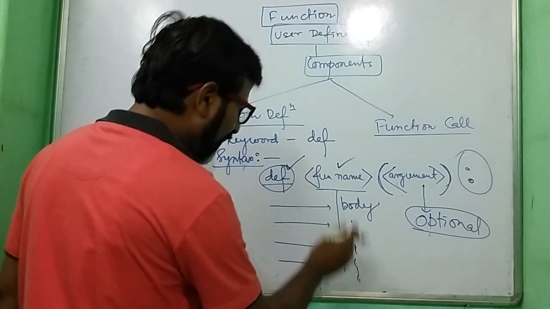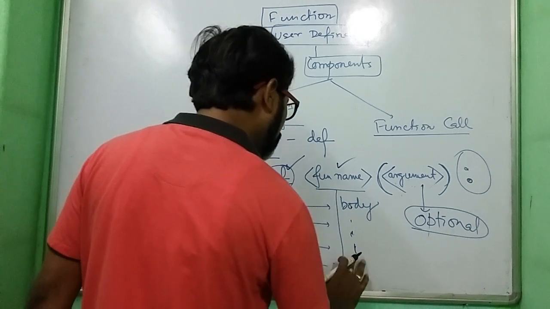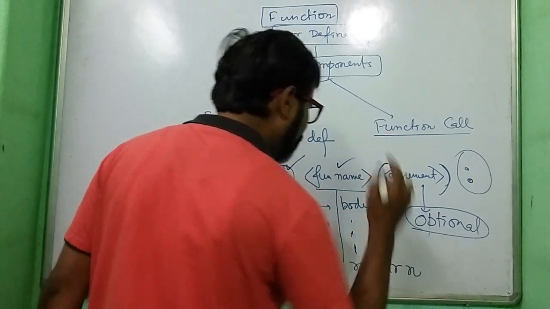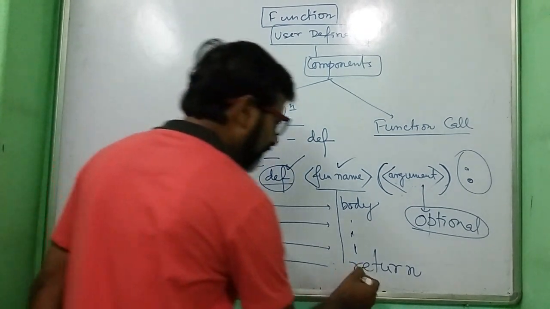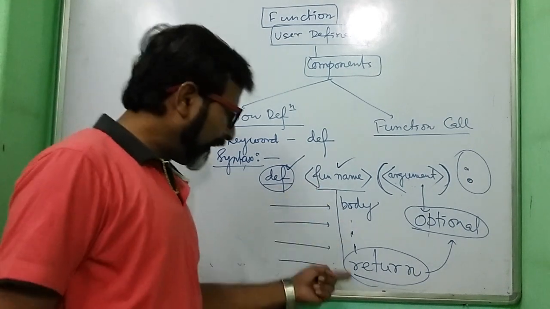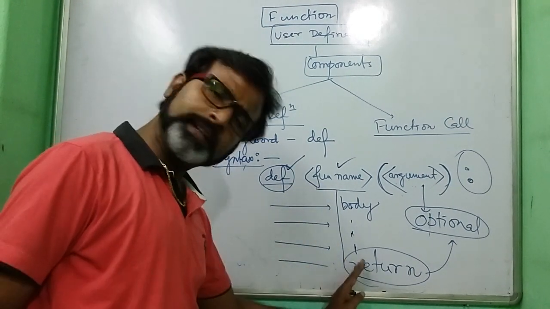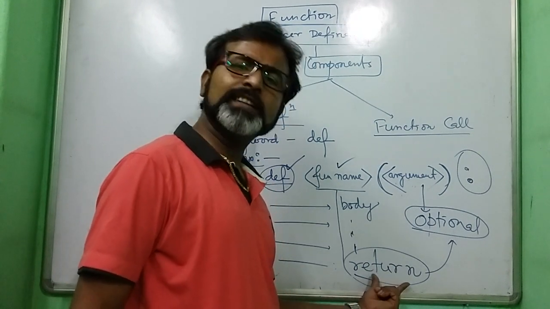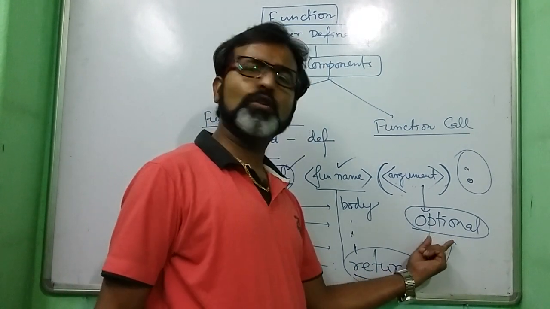After that, at the end, I will require one keyword called return. But this return is also optional. At the end of the function body, which should be indented also, that return statement, return is a keyword. This is also optional.